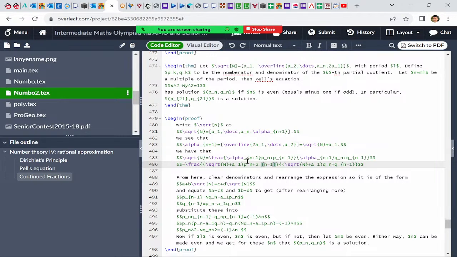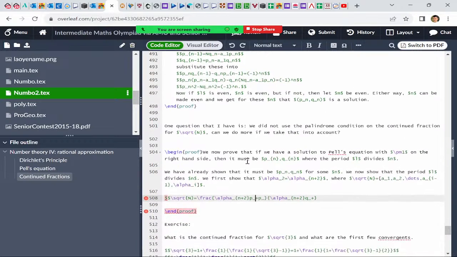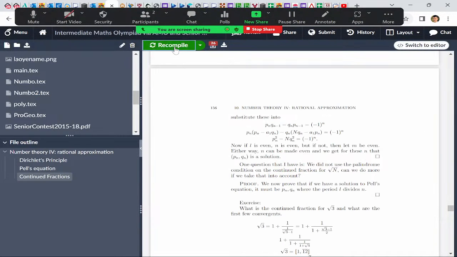What just happened here? I just wrote it in the wrong place. Yeah, it's here, right? So if it's alpha n plus 2, it must be the previous one then, right? Yeah. This must be n plus 1, and this must be n. Oh, it's because there's no closed dollar signs. Sorry, you need to put in your closed dollar signs.